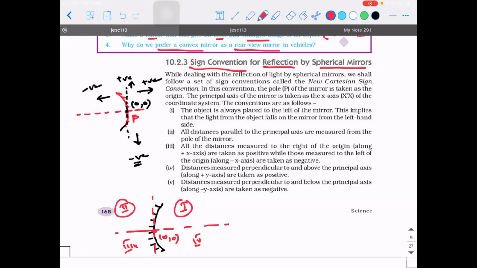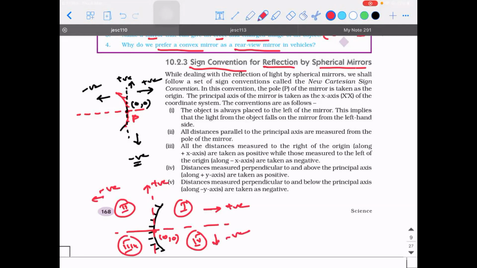Second quadrant, x is negative and y is positive. Third quadrant, x and y are both negative. Fourth quadrant, x is positive and y is negative. If that is the case, I can take this side as positive and this side as negative.